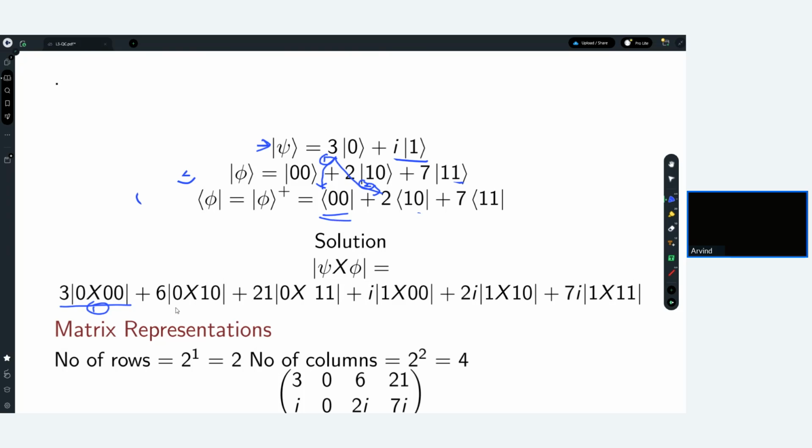So this is the second term, and we will get 6 times 0 cross 10, because 3 multiplied by 2 is 6. To get the third term, we multiply 3 Ket0 with 7 times bra 11, and we get 3 multiplied by 7, 21, and 0 cross 11. So this is the third term we will get.